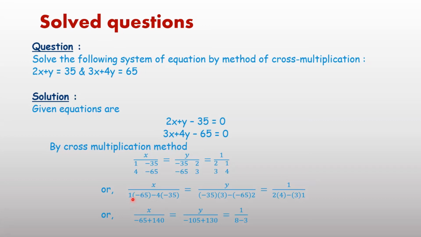Further simplify: 1 into minus 65 is minus 65, minus times minus is plus, and 4 into 35 is 140, equal to y upon, again simplify, minus 105 plus 130, equal to 1 upon 8 minus 5. Further simplify, we will get x upon 75 equal to y upon 25 equal to 1 upon 5.